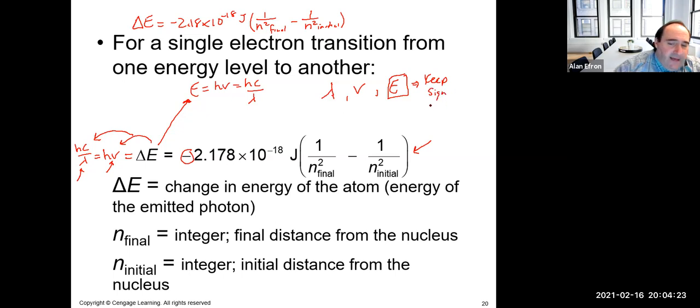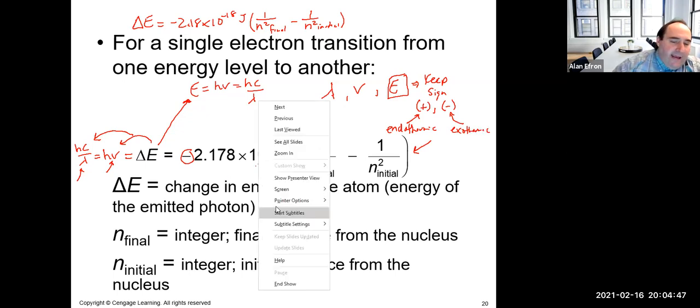If you calculate it and it's a positive number, you should keep it as positive. Or if it's a negative number, you should keep the negative sign. The positive number for energy tells us that overall this process is endothermic for the atom, while the negative, as we just talked about, would tell us that it is exothermic.